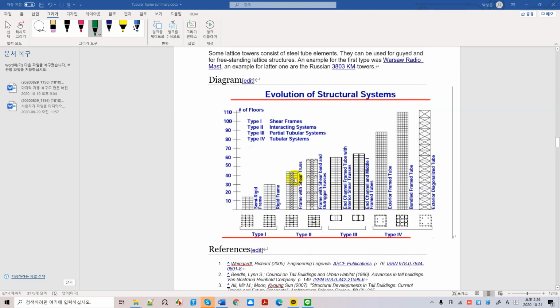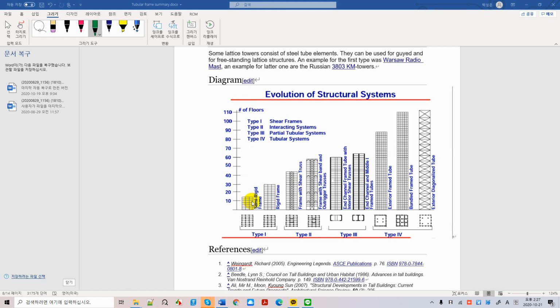We have outriggers here, and this is a frame with a shear wall structure. We don't have anything but core walls and shear walls and trusses and frames, something like dual frames. Still can cover 40 stories, and we have only rigid frames that can cover 30, and rigid, semi-rigid frames can cover 15 to 10 floors.